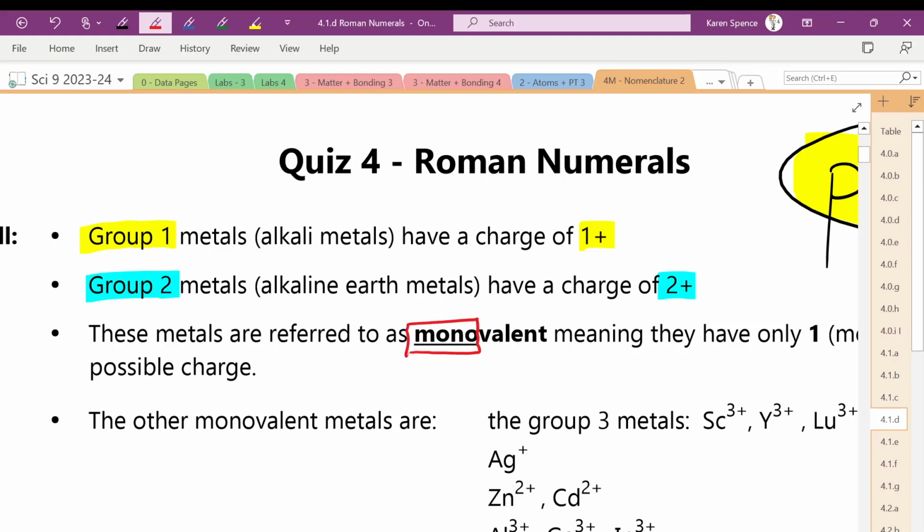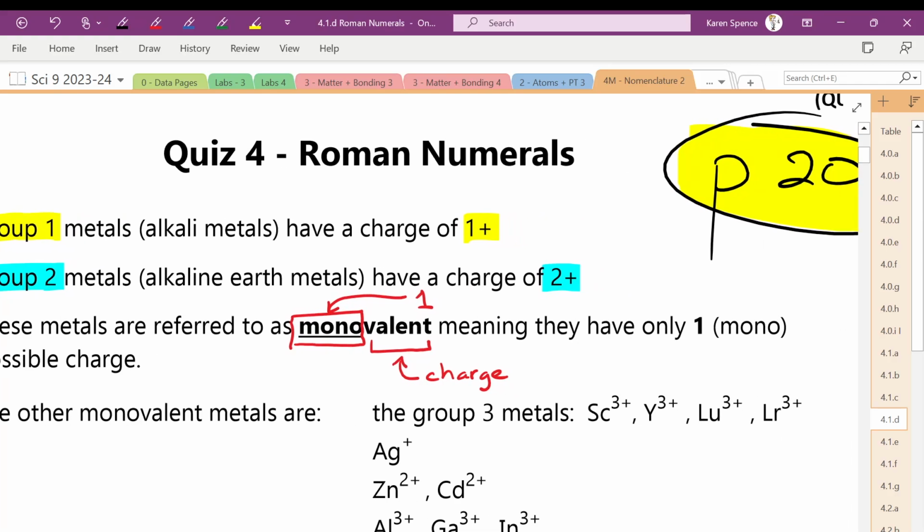Do you know what the prefix mono means? Mono means 1. And valent refers to the charge because it has to do with the valence electrons. So a monovalent metal has only one possible charge.